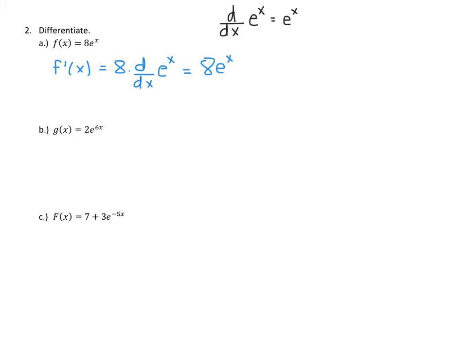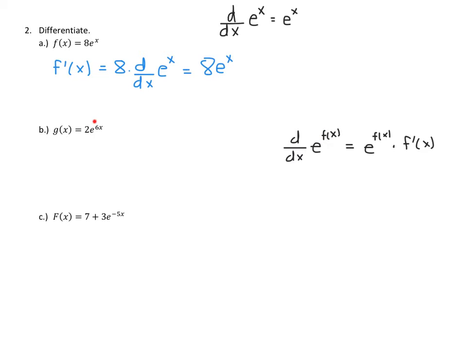In this next example, part B, we have g of x equal to 2 times e to the 6x. So now in our exponent, we don't have just x, we have 6x. So now when we go to find the derivative of this one, we have to recall what we have in our notes, where when we take the derivative of e to some function, so in our exponent we have more than just x, we have some function.